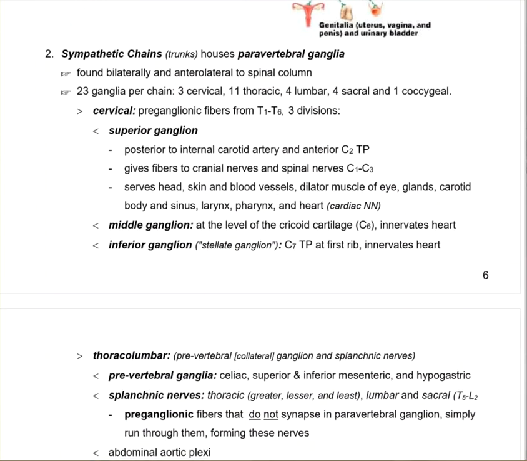Okay, so the sympathetic chain trunks house the paravertebral ganglia. We just showed you that picture. Those are bilateral on the column, and there's a bunch of different ganglia, and the ganglia go above the thoracic and lumbar region, and you can see that here.